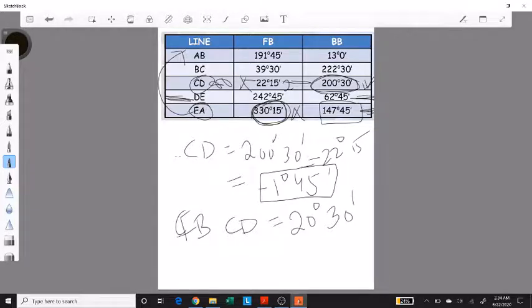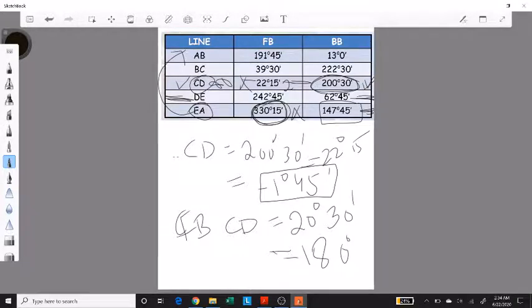And now you can see that the difference between the back bearing and the forebearing for the line CD comes out to be exactly 180 degrees, and now this line CD is free from local attraction effect. So the corrected forebearing of this side is 20 degrees 30 minutes, and the back bearing is the same as before, and the difference is now 180.